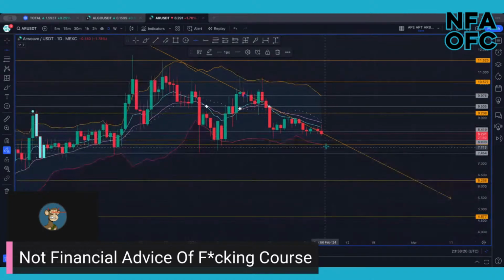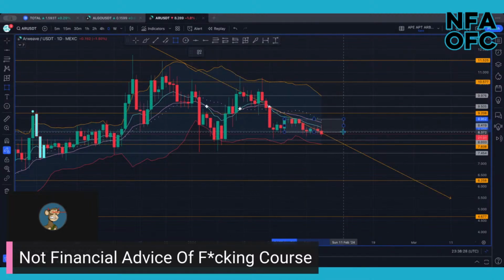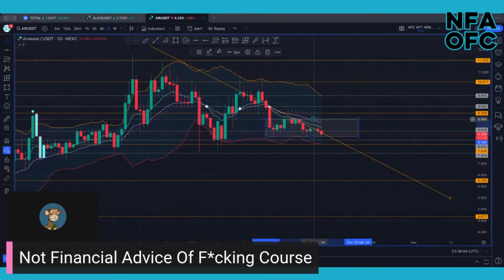And that's good enough. And we can see right now on the daily, we do have this consolidation area somewhere in here. We want to include the wicks. Right now, it makes sense that we're all in that area on the daily.